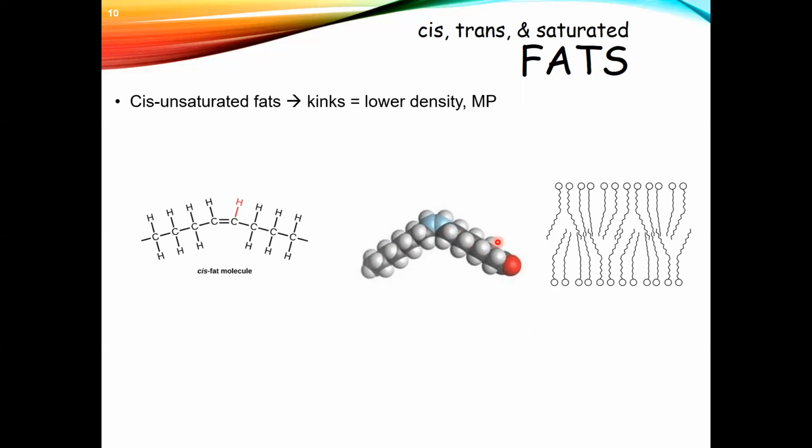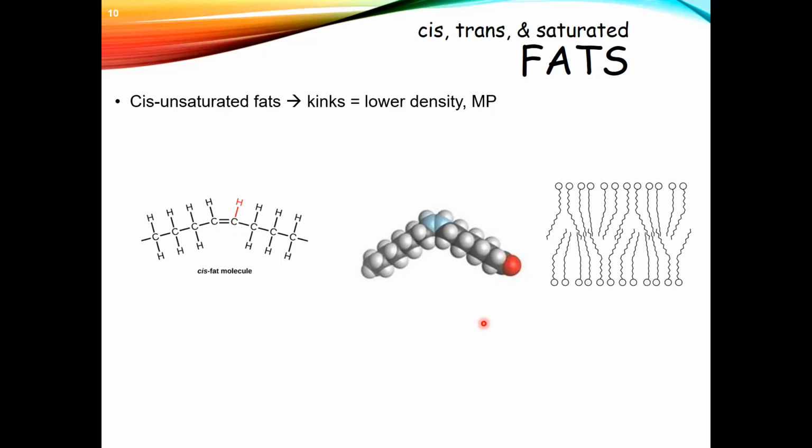In normal unsaturated fats that occur in nature, these are all actually cis, or at least the vast majority of them are. So they're cis, which means they're actually going to have a bend in their carbon chain. The chains on either side of this double bond are going to be cis to one another. It's going to result in this bent structure.